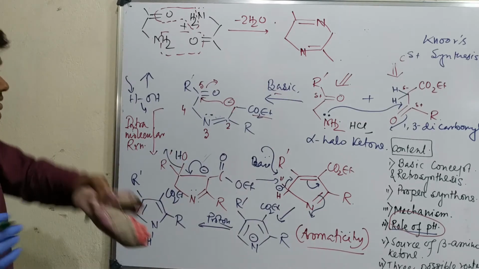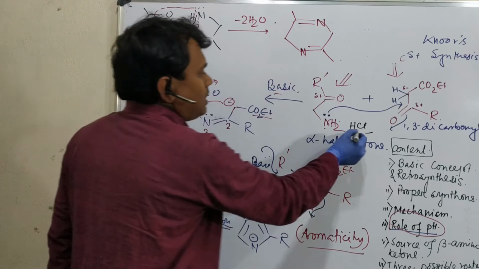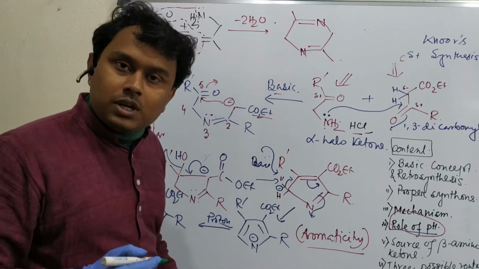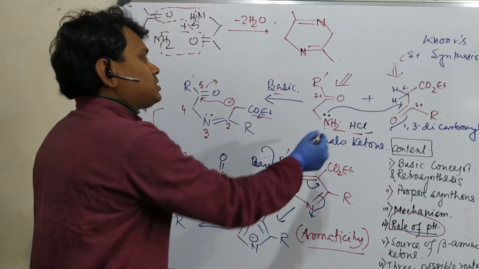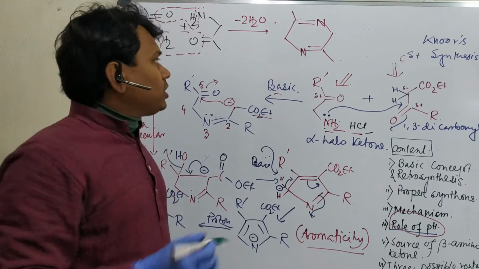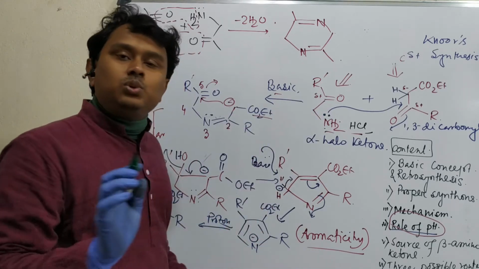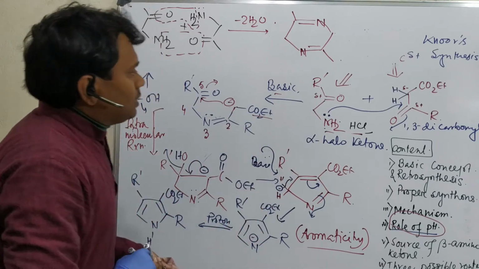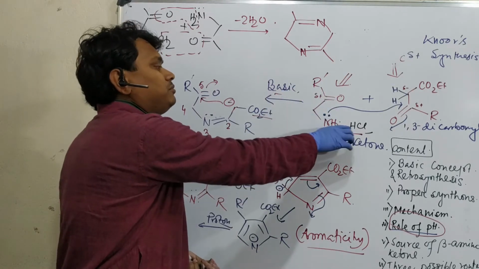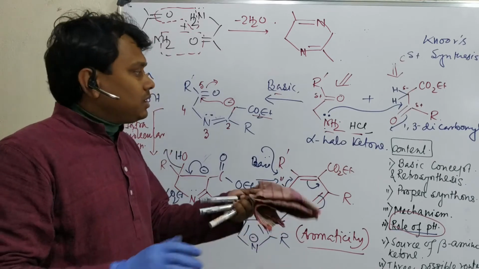So that is the reason why we will use HCl, and that is why some modification will come. First of all, the starting material will be an HCl salt, for slow release of amine. If I explain this, you can ask me a question: sir, in the reaction medium I am doing the work, I have taken simple amine, but the HCl salt will not participate, free amine is needed.